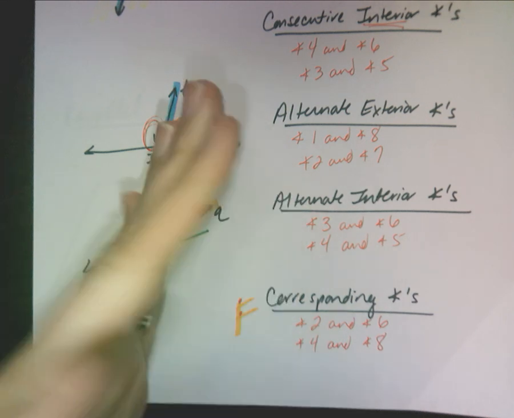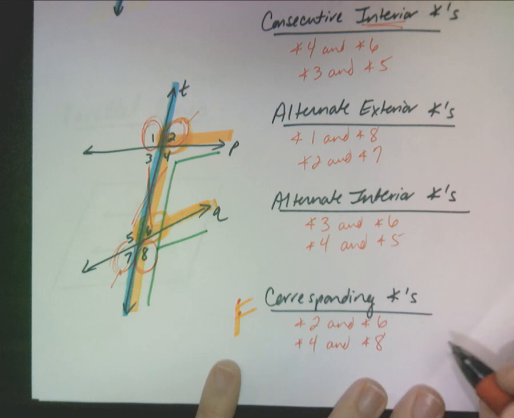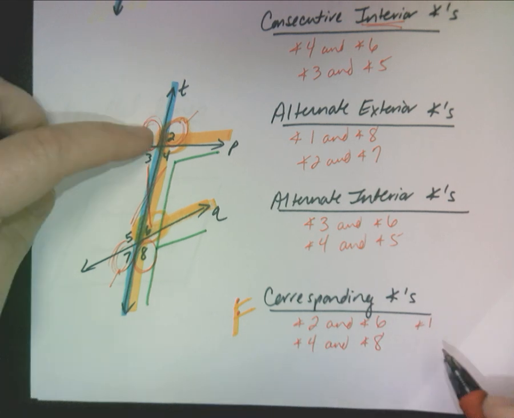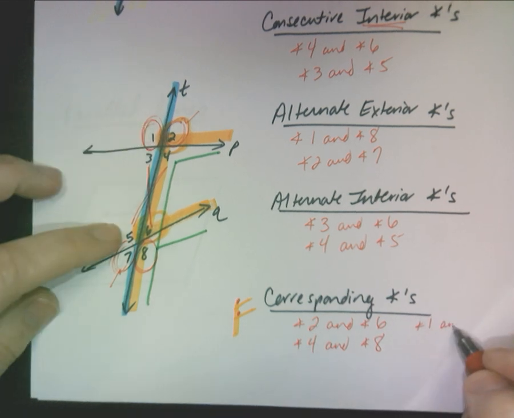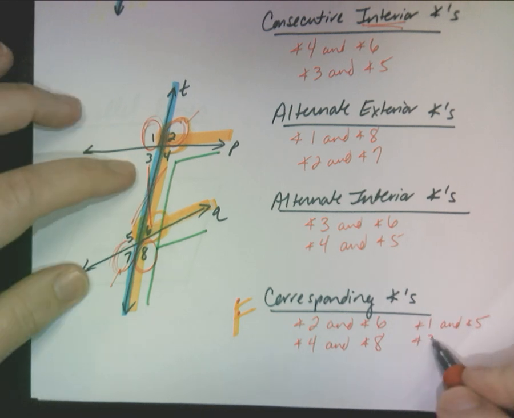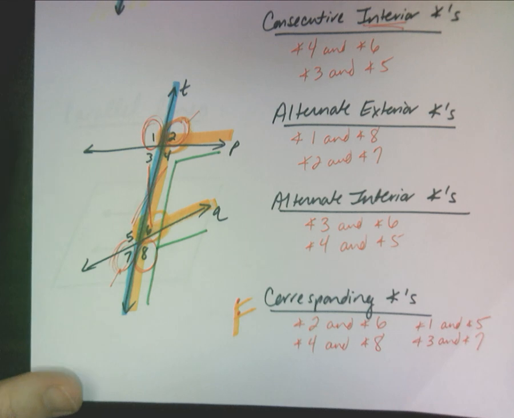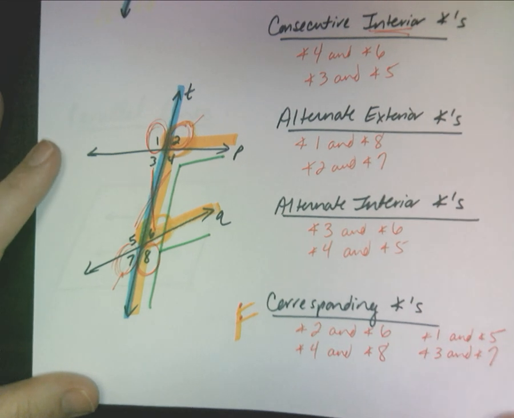And then obviously mirror that, flip that over. So angle 1 would correspond with angle 5. And angle 3 would correspond with angle 7. Okay? Looks strange, but again, the more you do this, the much easier it'll be.